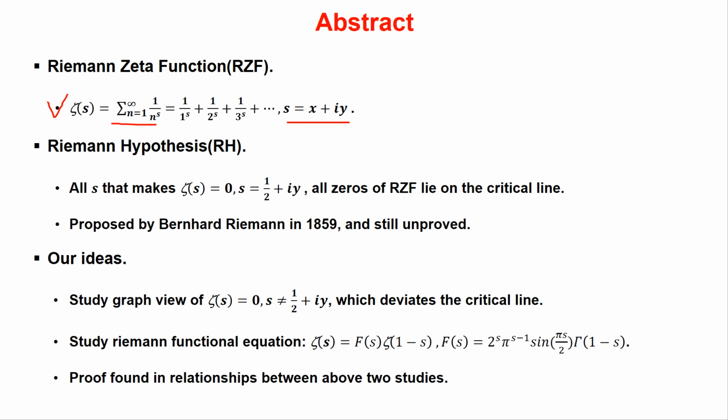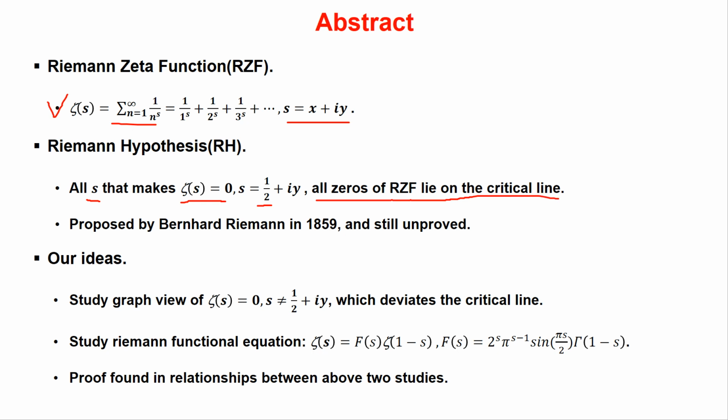And the Riemann hypothesis states that all s that make the Riemann zeta function 0 have real part always 1/2. That is to say, all zeros of the Riemann zeta function lie on the critical line.